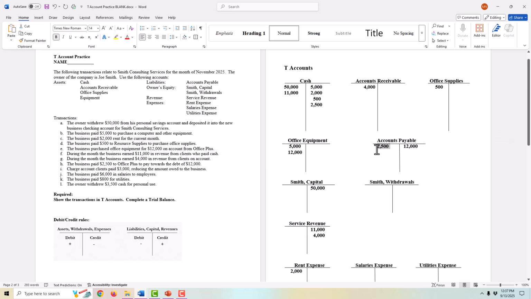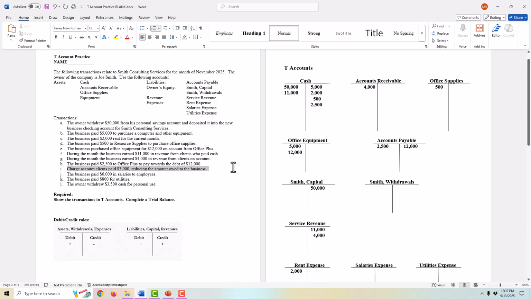When you make payments, that's going to subtract from debt. Now notice in this transaction that I did not do anything to the equipment account because I already recorded the $12,000 equipment purchase here. All I'm doing in letter H is show that they made a payment in cash towards the accounts payable.